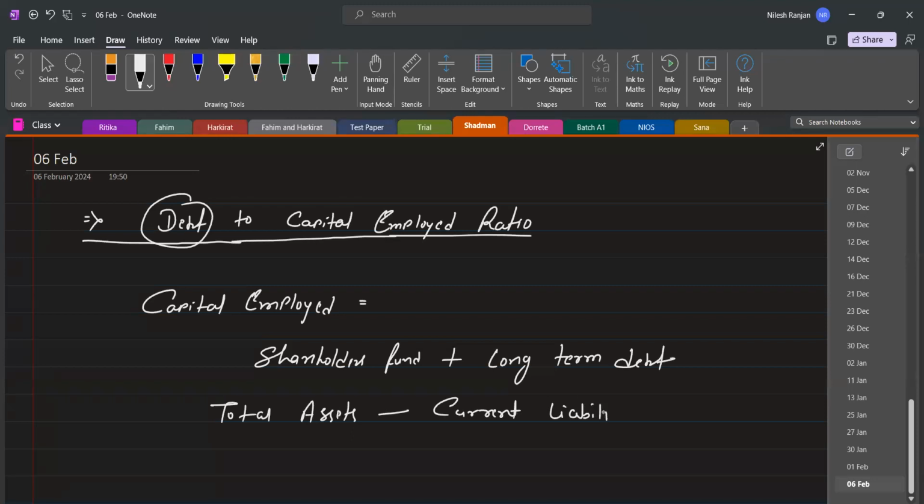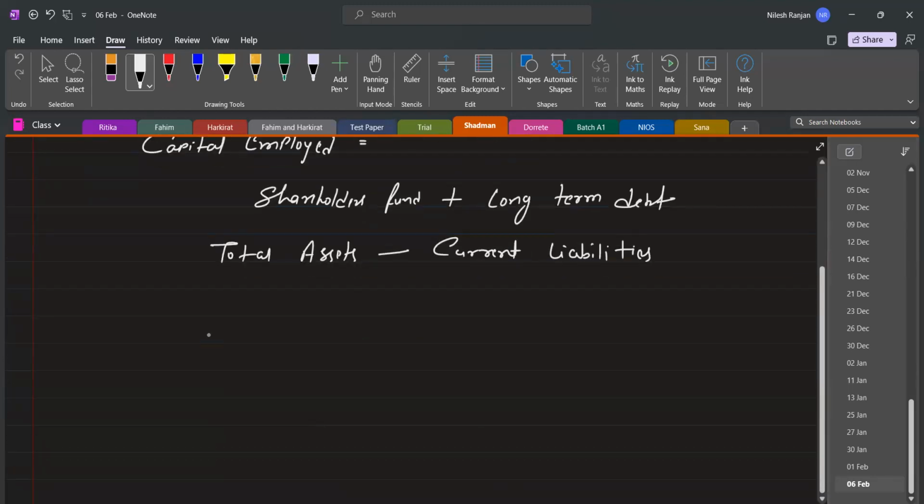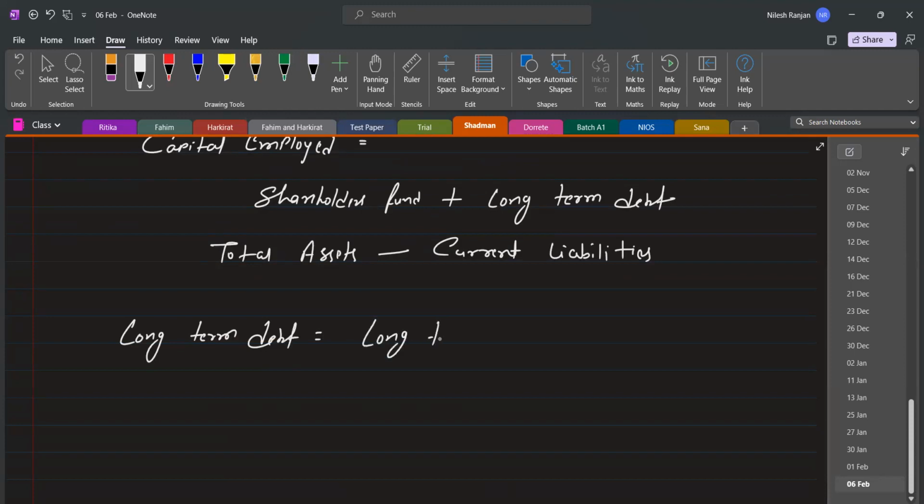This is how you calculate the capital employed. Okay. Now, long-term debt means long-term borrowing plus long-term provision.